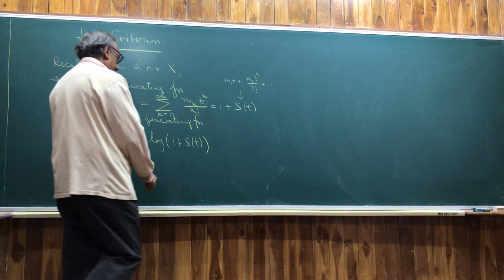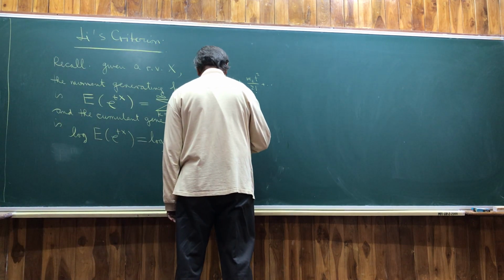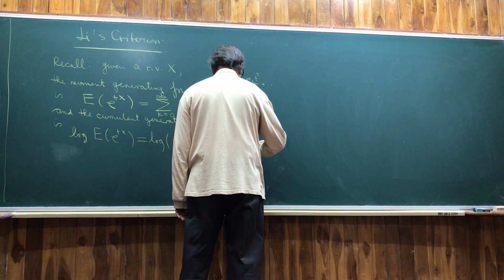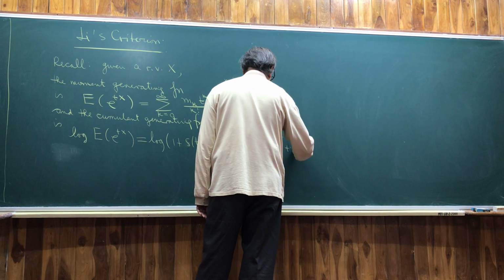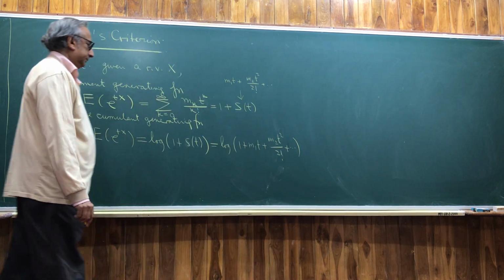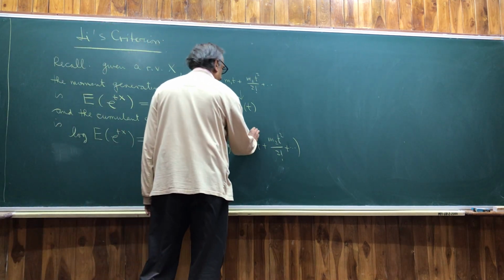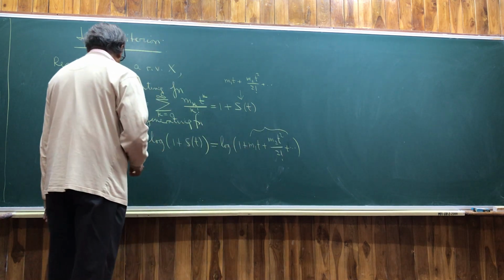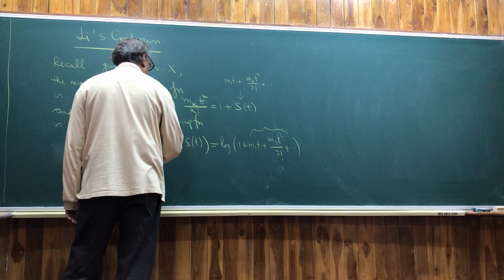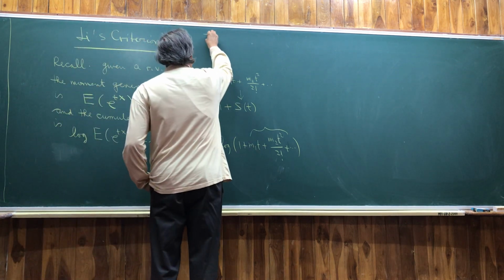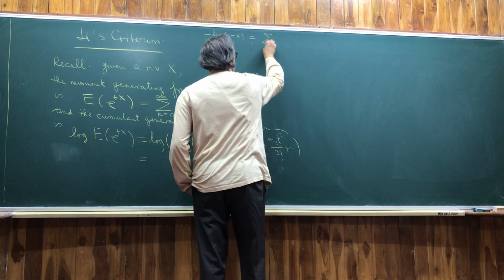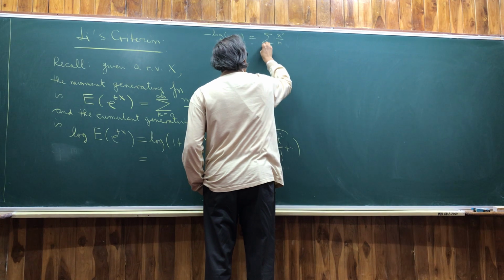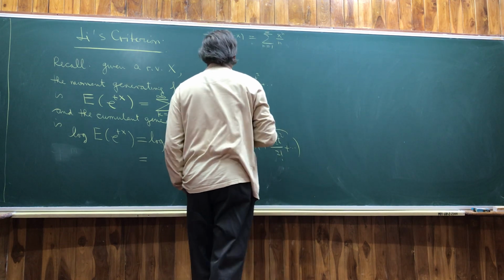Proceeding formally, this is the log of 1 plus m1 t plus m2 t squared over 2 factorial, dot, dot, dot, keeping in mind that this is my s of t. Recall that minus log of 1 minus x is the summation of x to the n over n, which will be used repeatedly.